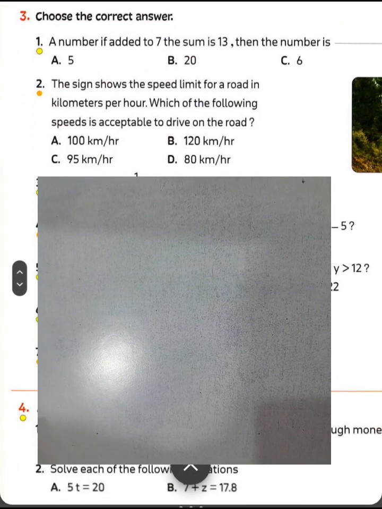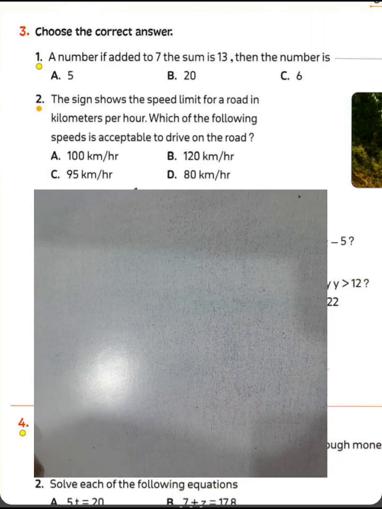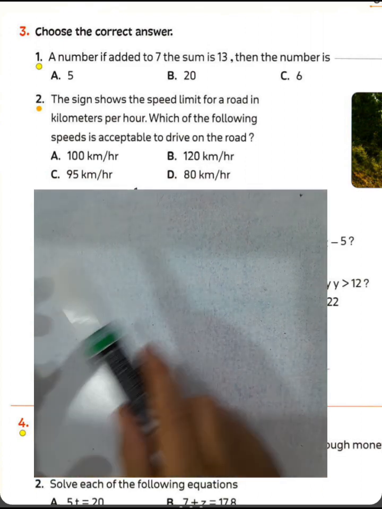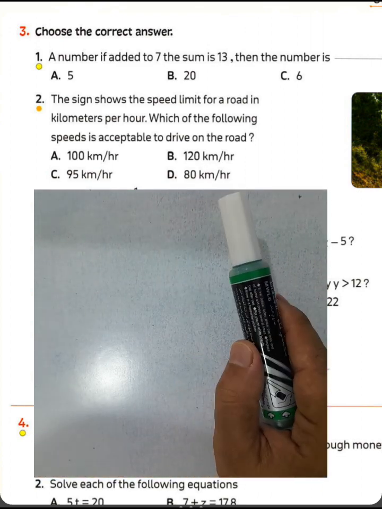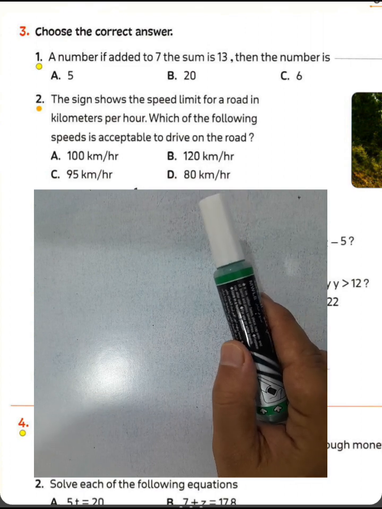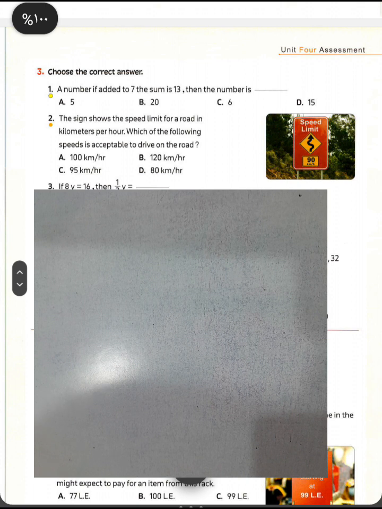Question number 2. Look with me at question number 2. Here the sign shows the speed limit for a road in kilometers per hour. Which of the following speeds is acceptable to drive on the road? We have here 90 kilometers per hour.